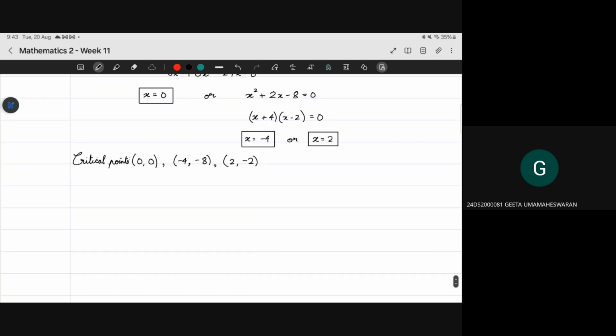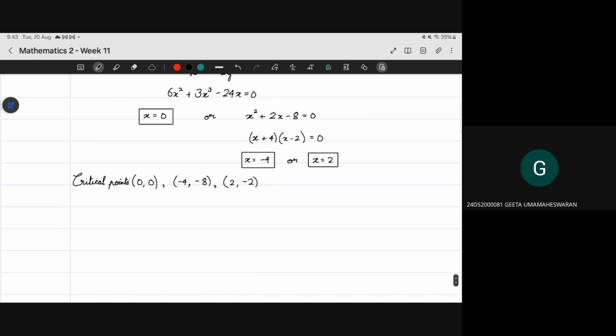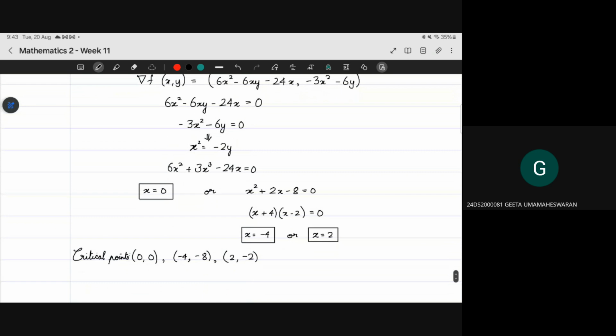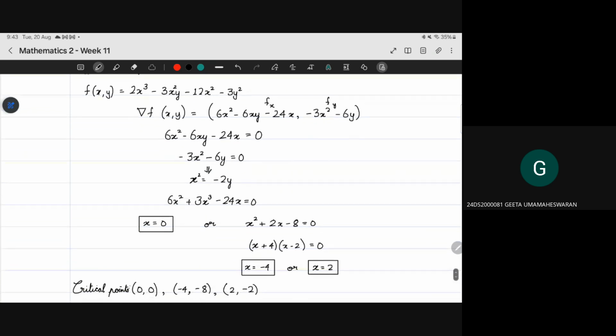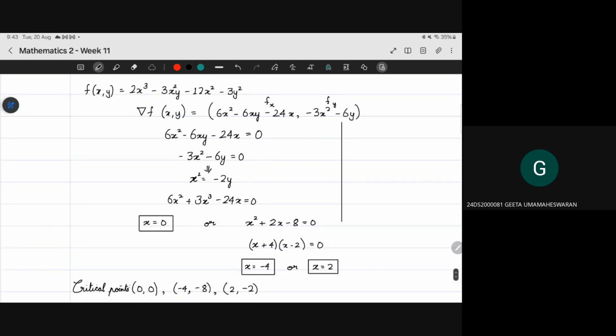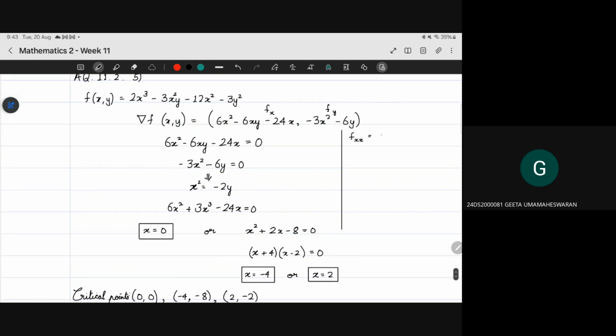And then let us determine the behavior of these critical points. To do that, we need fxx, all the second order derivatives. There are 4 of them. This is fx, this is fy. So let me write it over here itself. Fxx is 12x minus 6y minus 24.